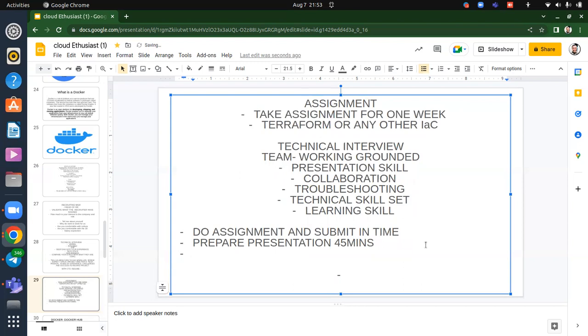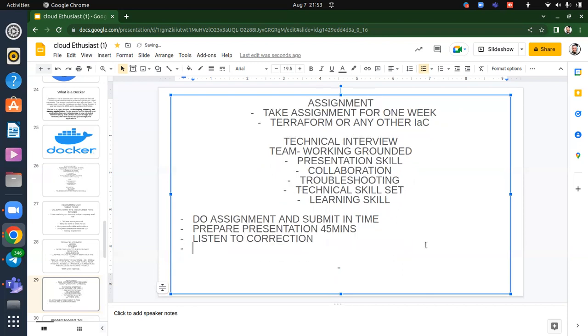Then the other thing you should do in this technical interview is listen to correction and be open to suggestions. And the last but not the least is ask questions.